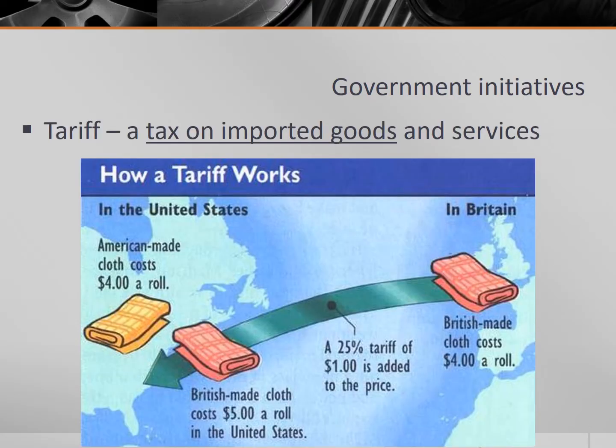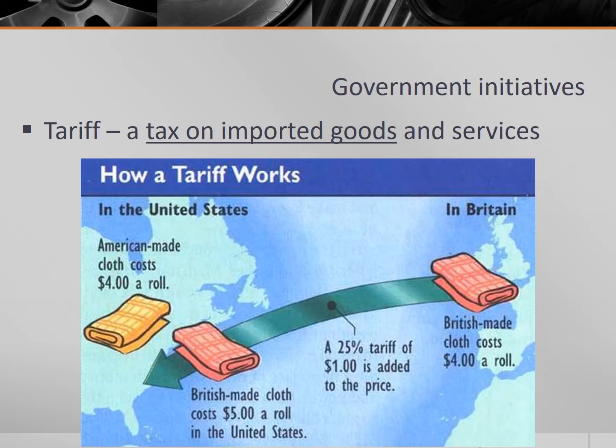The goal of tariffs is to give domestic businesses an advantage by taxing foreign competitors' imported products and making them more expensive. This enables a domestic company to offer goods at a lower price than their foreign competitors. But tariffs limit free trade and reduce competition, which usually results in higher prices for consumers.